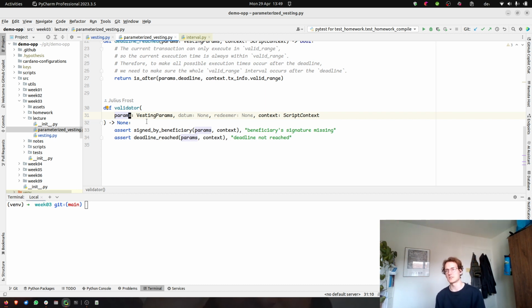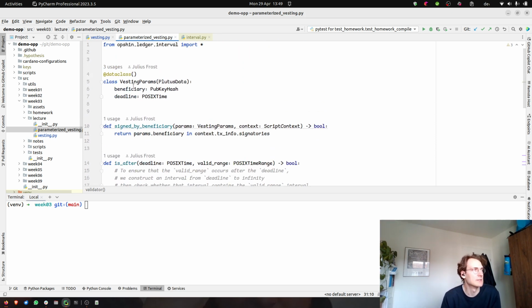Now, of course, there can be a spectrum as well. For example, here we have several fields in the vesting parameters, beneficiary and deadline. As a small assignment, you can try to keep the deadline as a parameter but make the beneficiary modifiable in the datum. Or the other way around, keep the beneficiary fixed as a parameter to the contract, and then only supply the deadline in the datum as the state of the output.